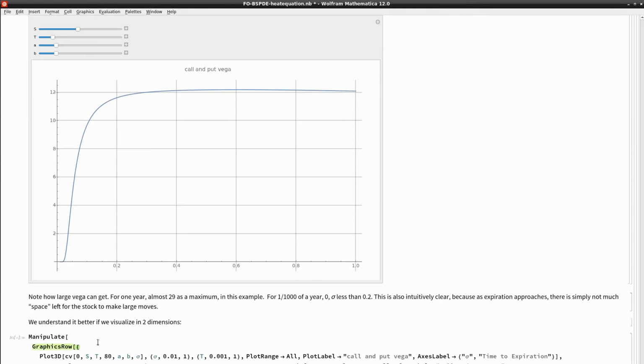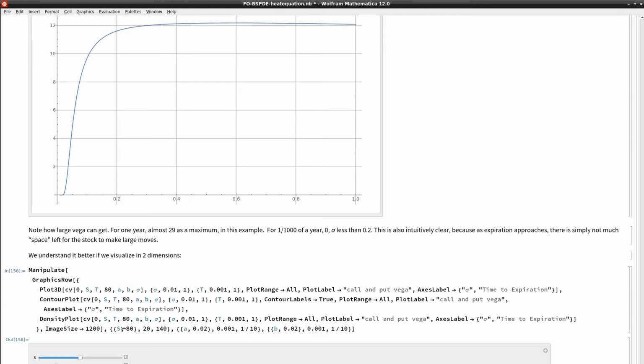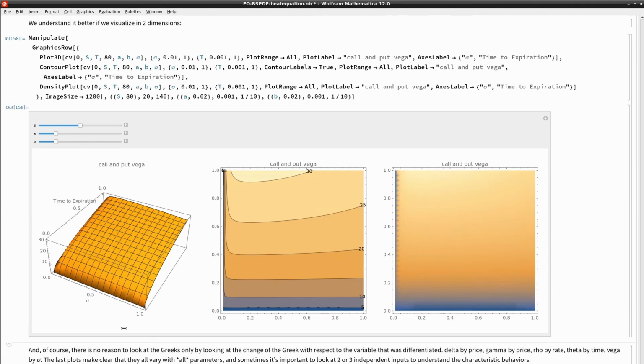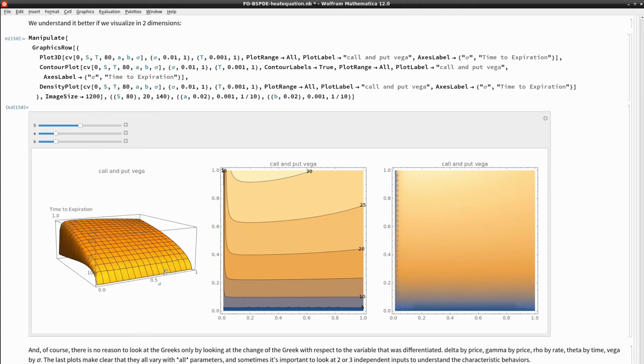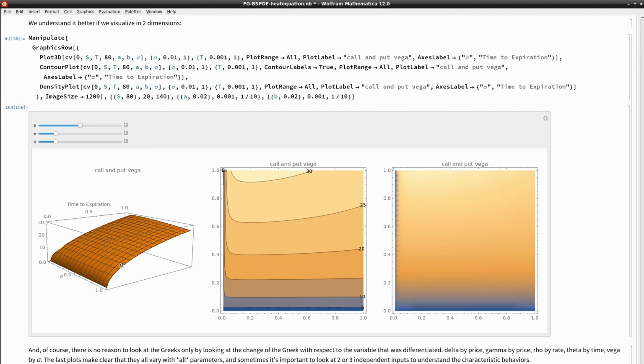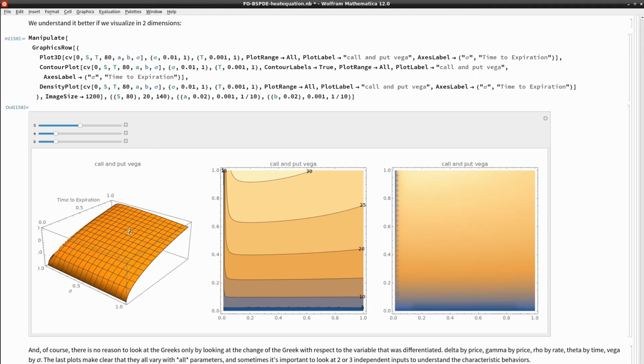And I think we probably understand Vega a bit better if we look at it in 2 dimensions. Again, note the large numbers on the y-axis, and we see this as a surface that is somewhat rolling down towards the expiration.